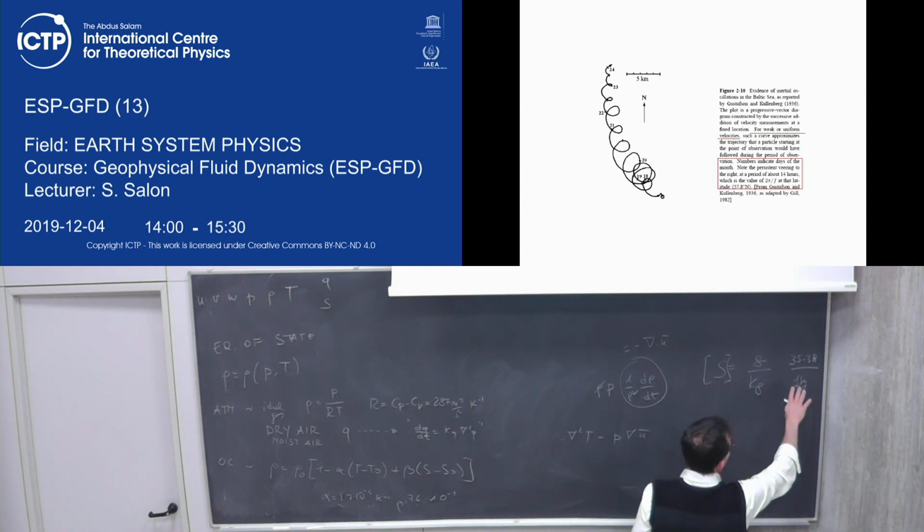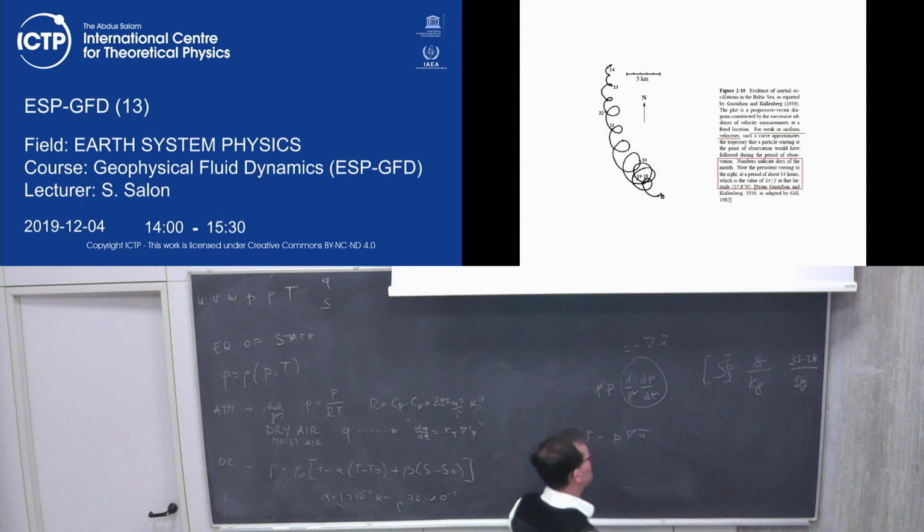So we use a reference value. Indeed, alpha is 1.7 times 10 to the minus 4, and beta is 7.6 times 10 to the minus 4. Then we have rho 0.